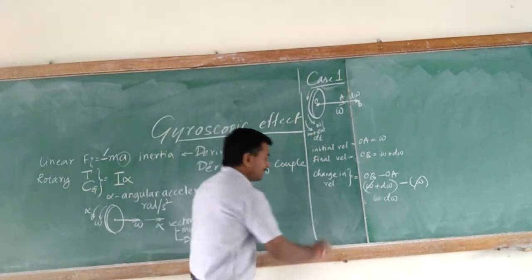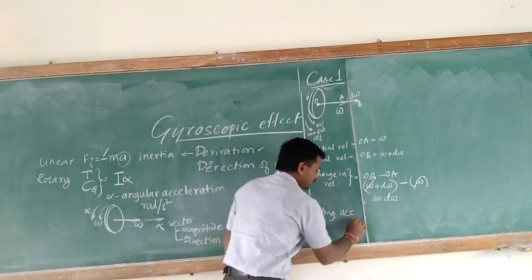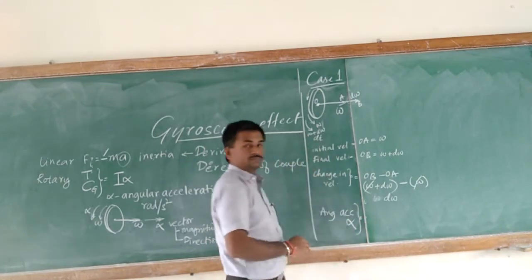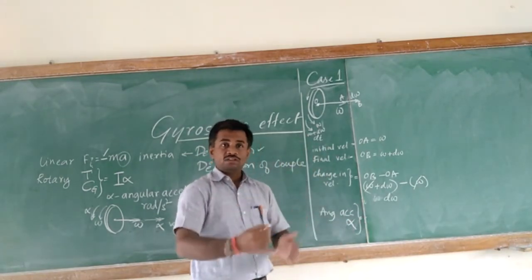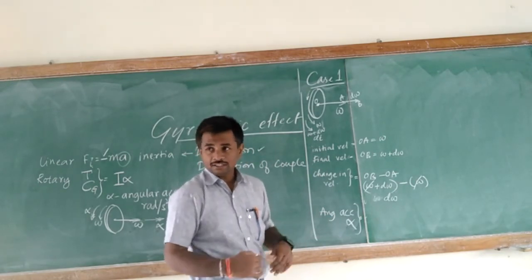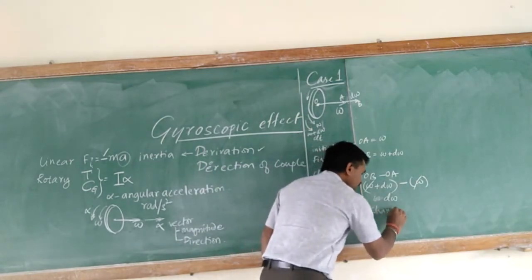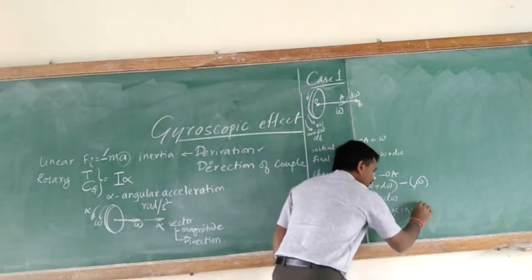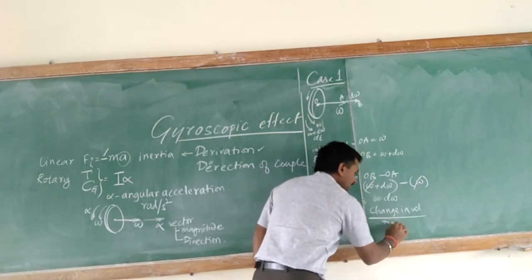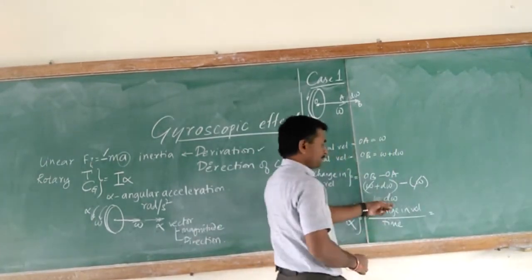Now what is angular acceleration alpha? It is nothing but change in velocity by time taken for change. What is the change in velocity? d omega.